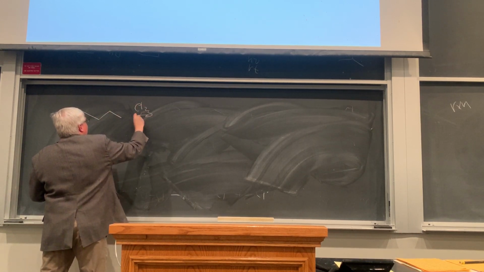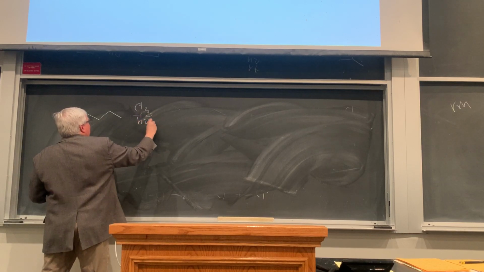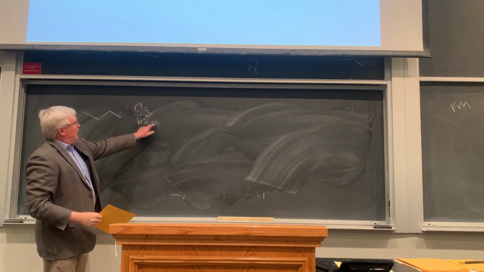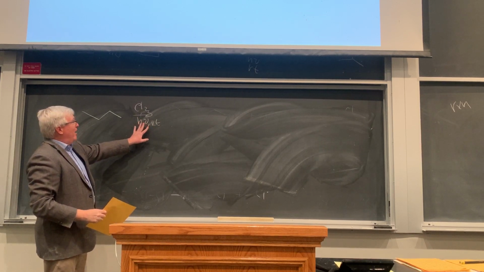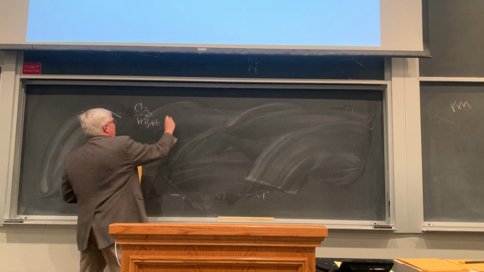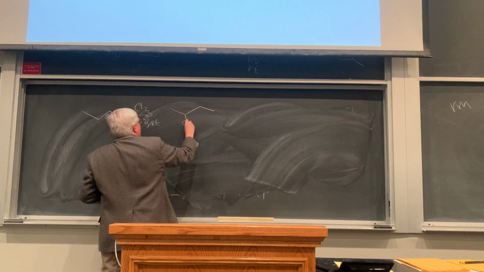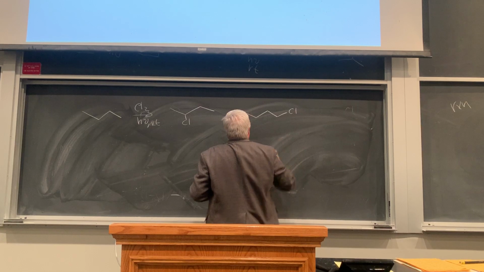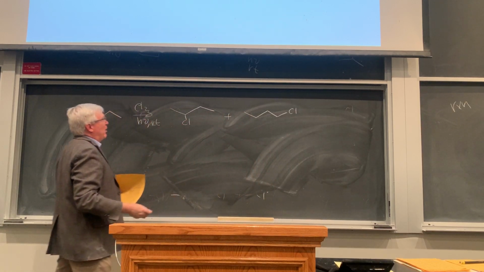So chlorine, light, and room temperature are key. Include those conditions if you want to do monochlorination. So we'll form some of this, and some of this. These are the only two products, the secondary and the primary spots.